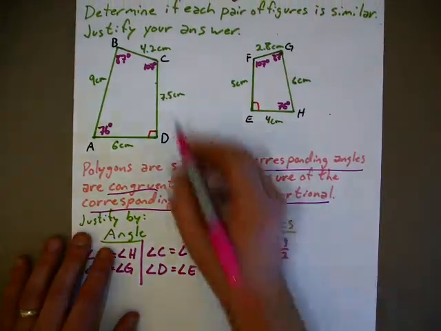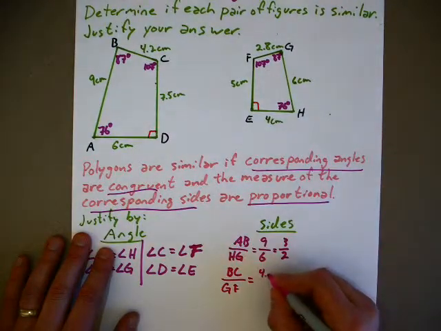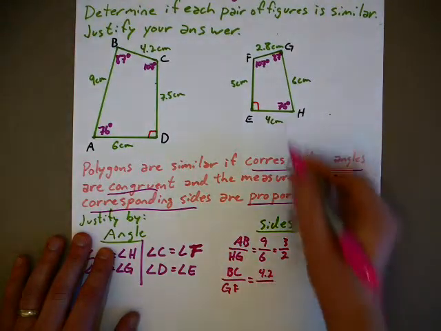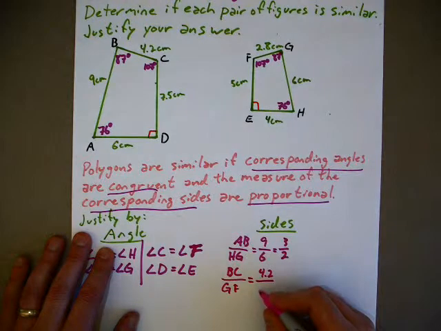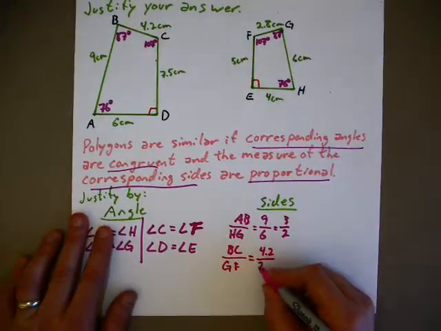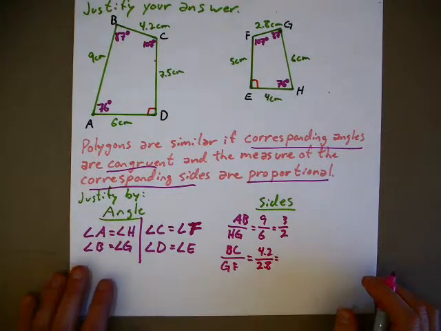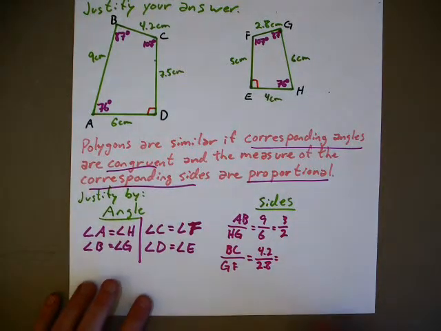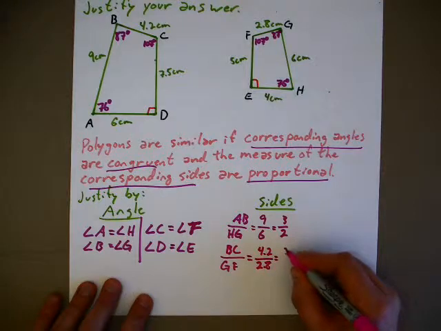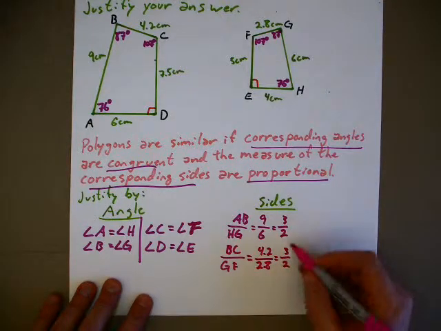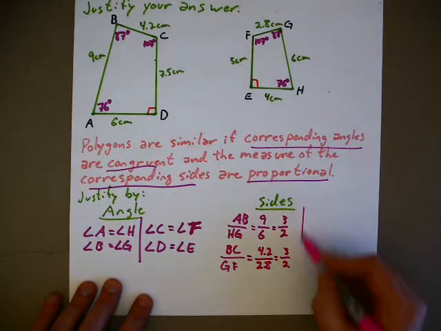And we can see that that is 4.2 centimeters over 2.8 centimeters. And if you simplify that, you will find out that is also 3 over 2.